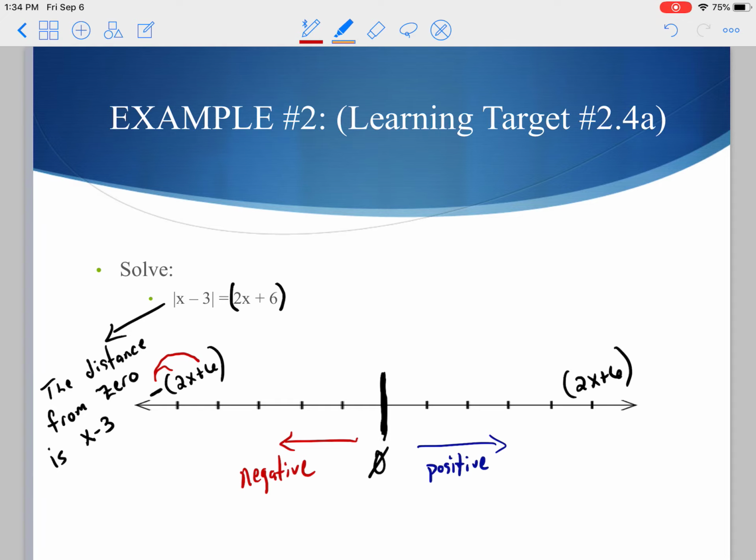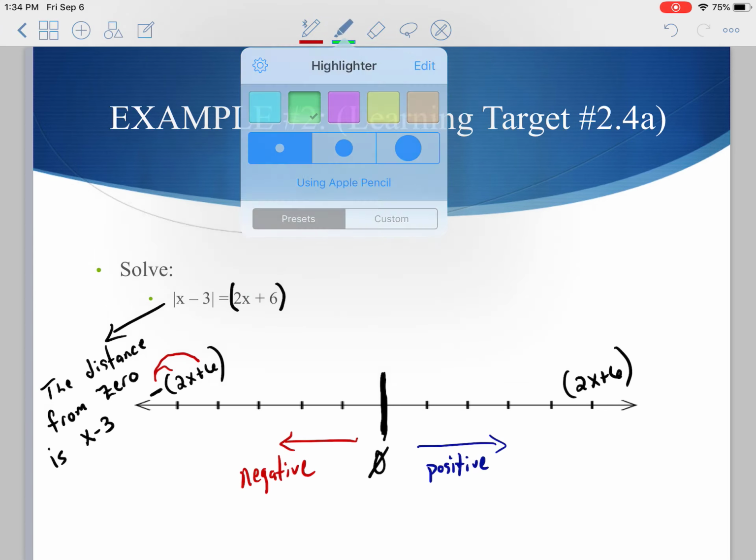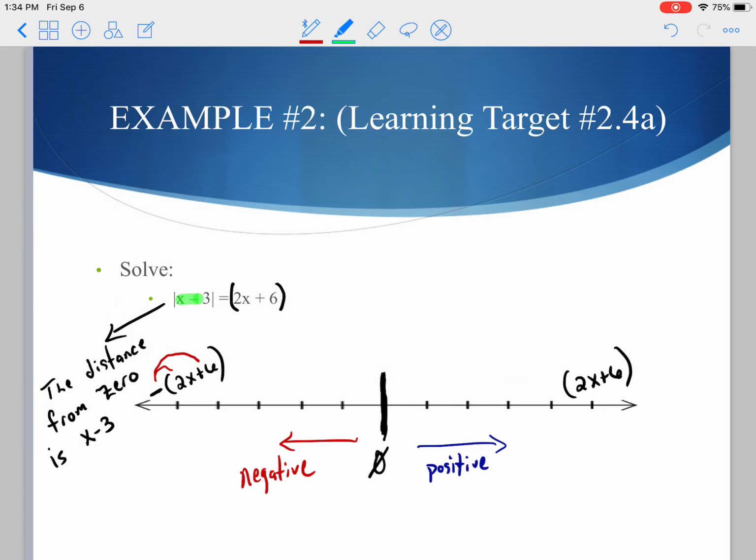So, secondly, when creating our equation, we have to realize that we have been told that we are an x minus 3 distance from 0. And so our x minus 3 distance from 0, once again, we have to consider both the positive and the negative directions.